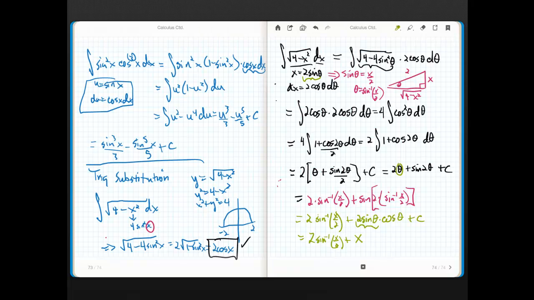That's a freebie. Cos theta. What is cos theta? Well, cos theta is, you see what it is? It's adjacent over hypotenuse. So it's going to be x times the square root of 4 minus x squared all over 2. And you guys thought that trigonometry was dead and gone.